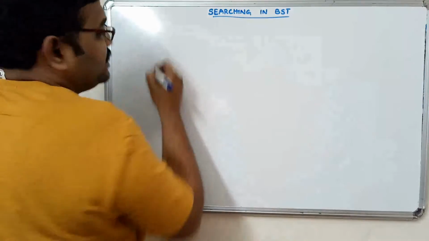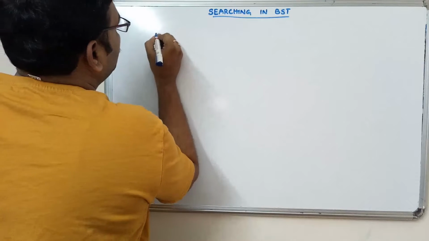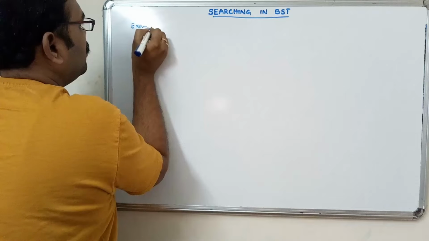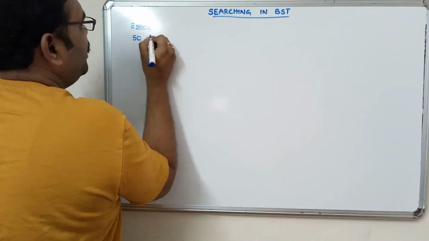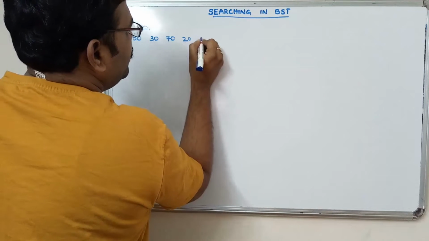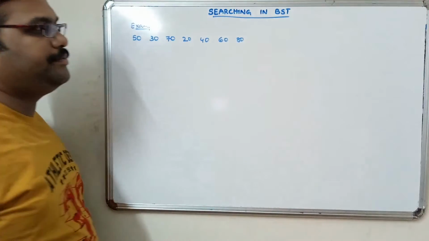Let us take a few elements. Example, let us take 50, 30, 70, 20, 40, 60 and 80.